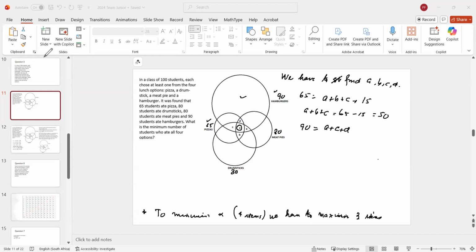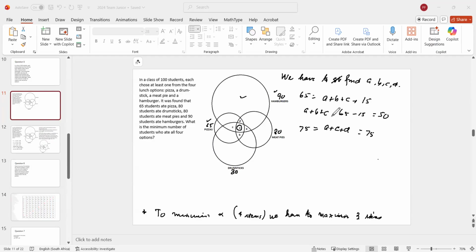So you have to take away 15 from 90, and that'll give you 75. Okay, so this is 75.